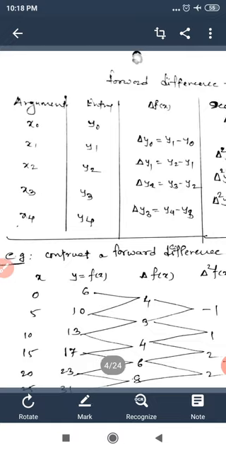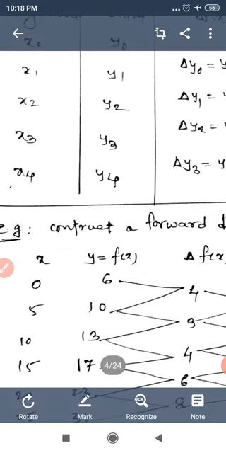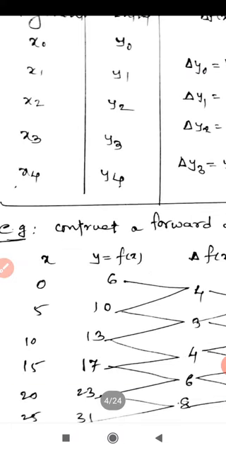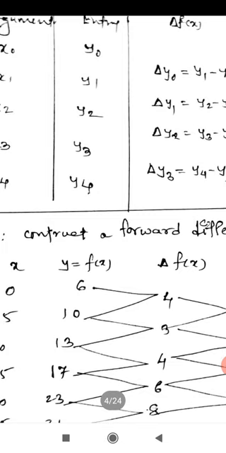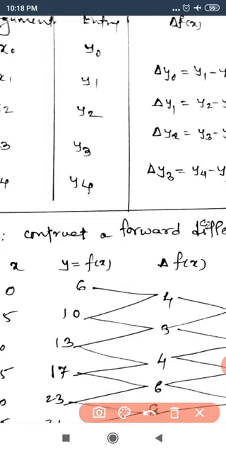These are x0, x1, x2, x3, x4, x5, and y0, y1, y2, y3, y4, y5. Now the first forward difference. What is it? 10 minus 6, which is 4.